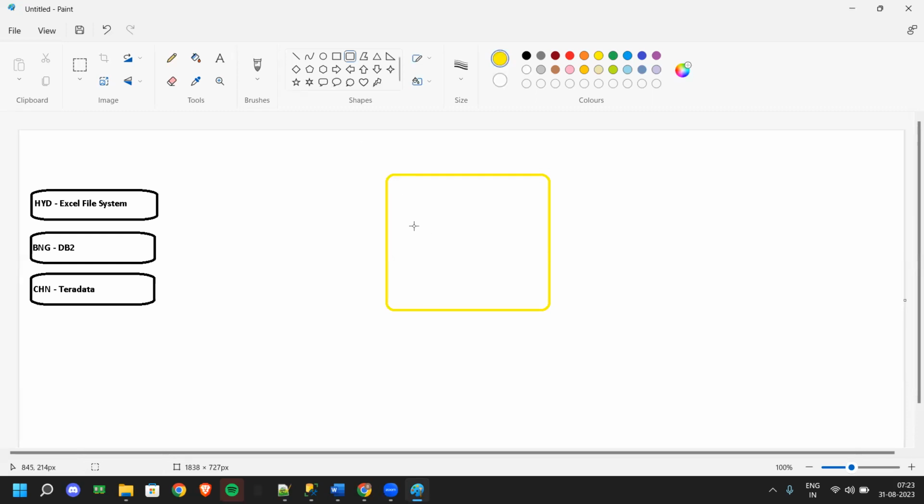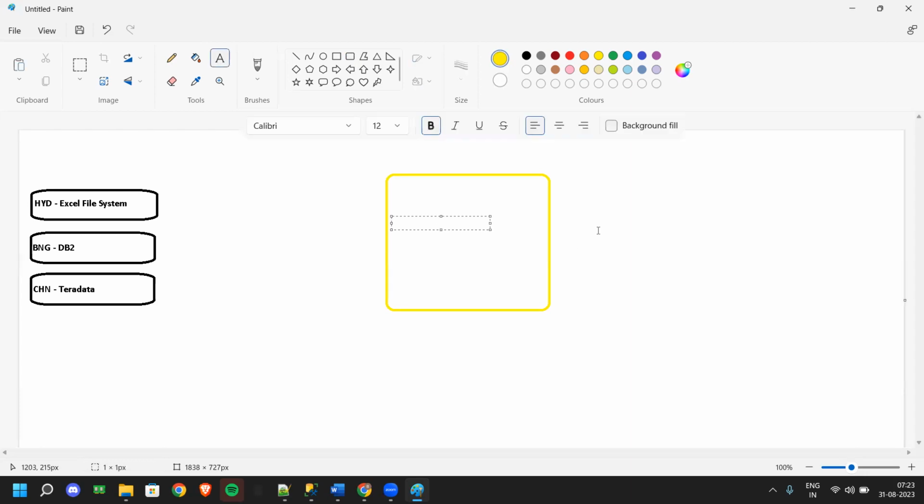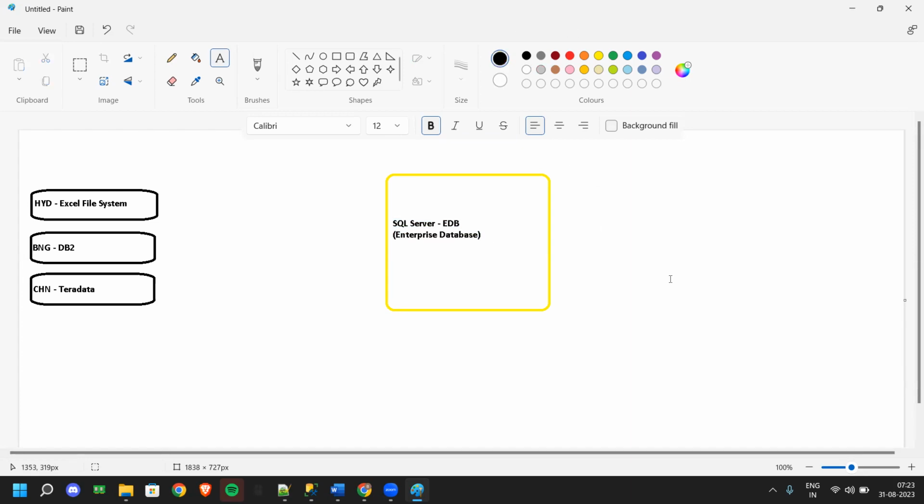I have configured a new SQL Server, and here we have a database called EDB, Enterprise Database. SQL Server, EDB, Enterprise Database.